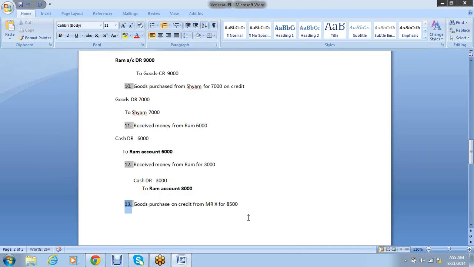What will that be? The goods account will be a debit. Why is it debit? Goods are coming in, it's a real account. Absolutely correct. And Mr. X is a personal account, so Mr. X's account will be credited, because credit is the giver.